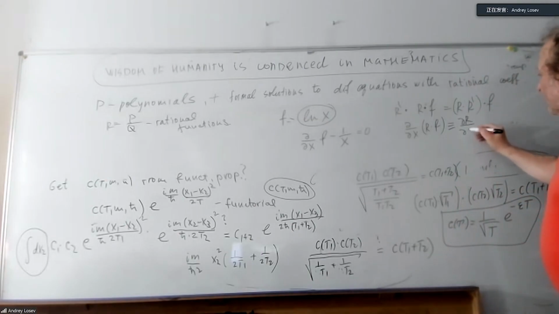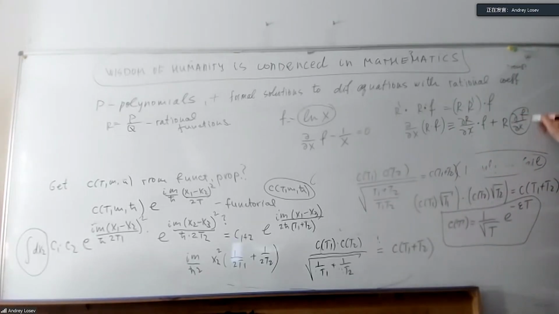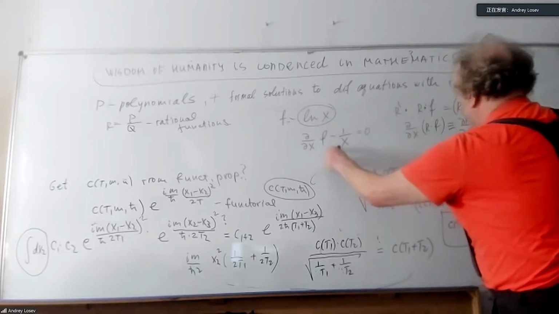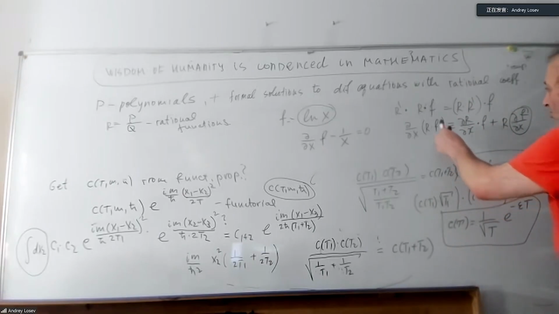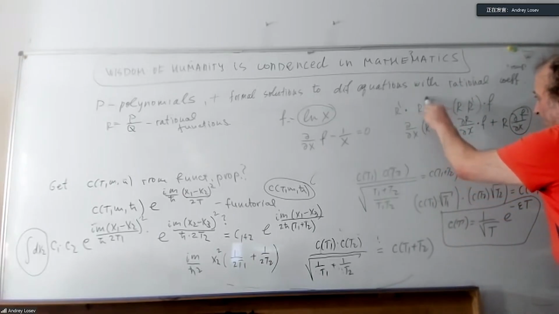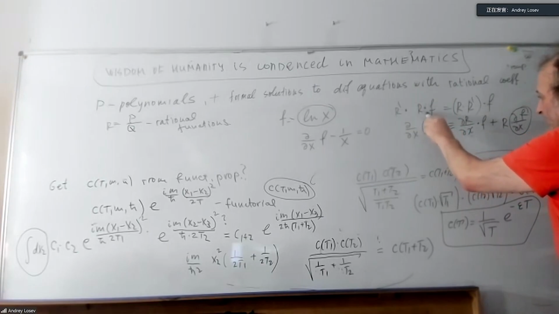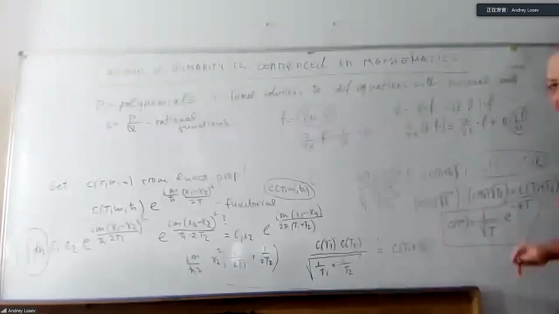dr over dx, that is again a rational function, plus r df over dx. But you know what df over dx is. So you can multiply these functions by rational functions, and you can act on them by differential operators.